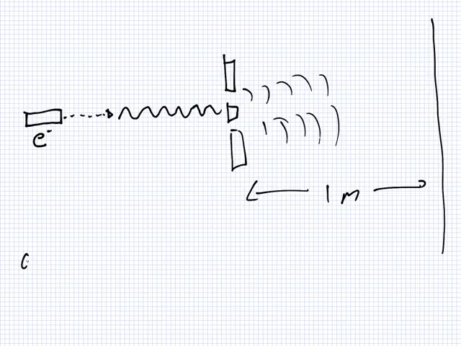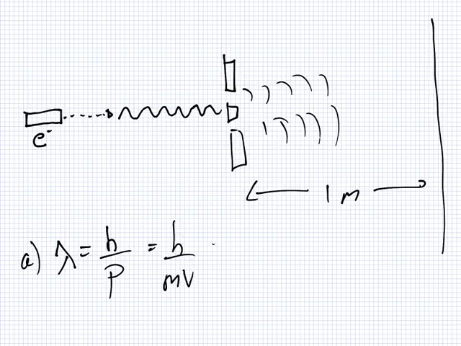Right, so the first question is, what is the wavelength? So if we use the de Broglie formula, it's h over p, which is h over mv. What did I say the v was? 0.9 c. 0.1 c. Oh, 0.1 c. Of course, the 9 is too big. Right.